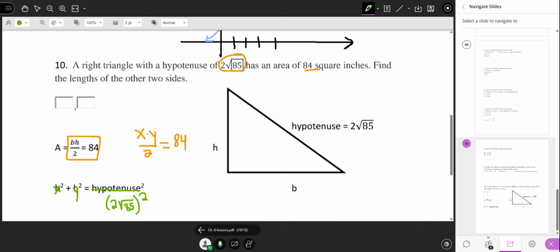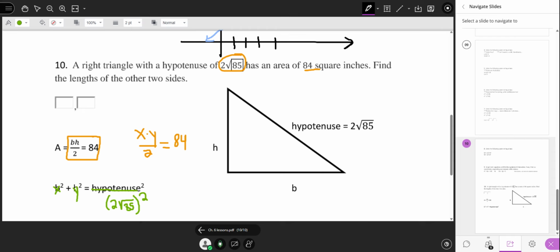Now I got negatives, but I also got positives. Notice 12, 14, 14, 12. 12 and 14 are x or y, y or x. It doesn't matter.